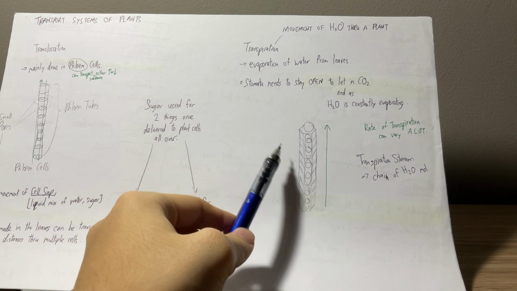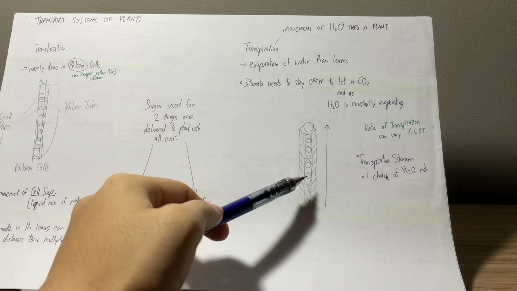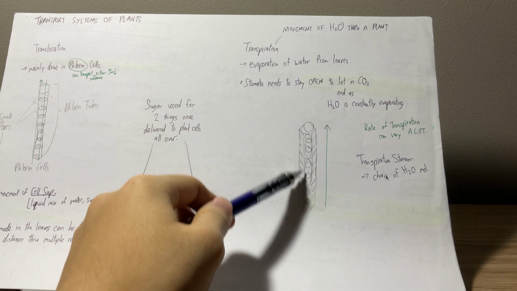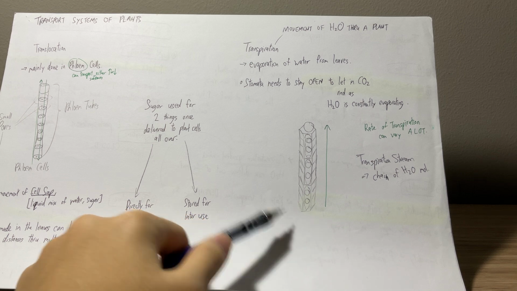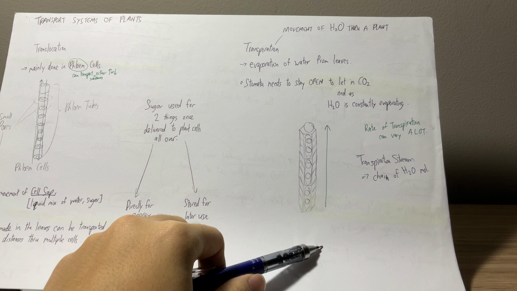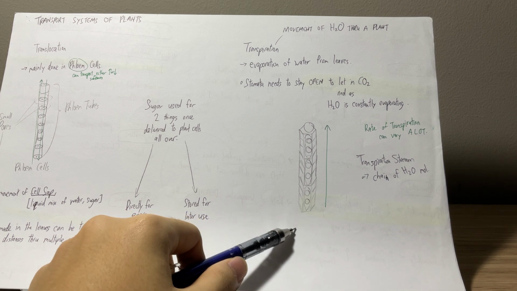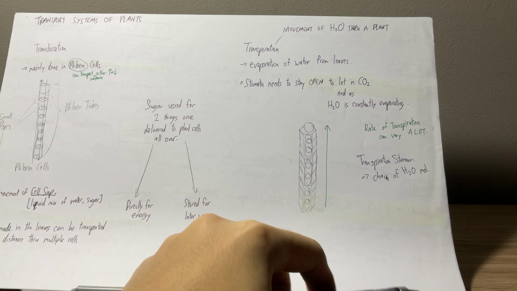This is where H2O evaporates. So it's a chain, literally. Where does it get its water? From the soil. Whenever you water our plants or whenever it rains, the roots absorb the water from the soil.